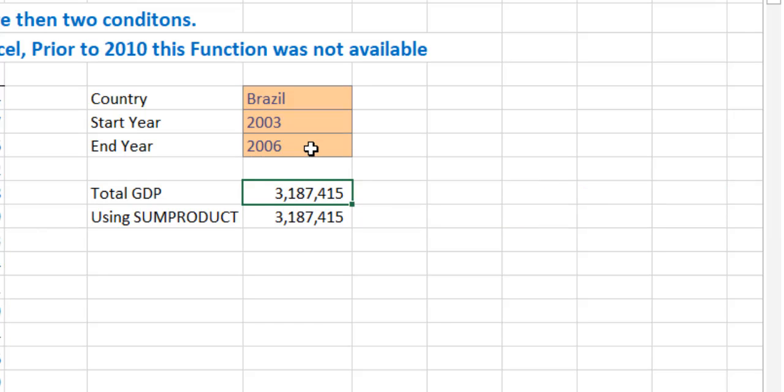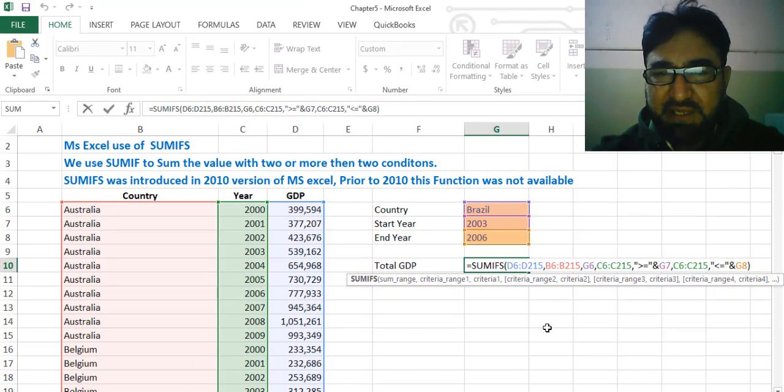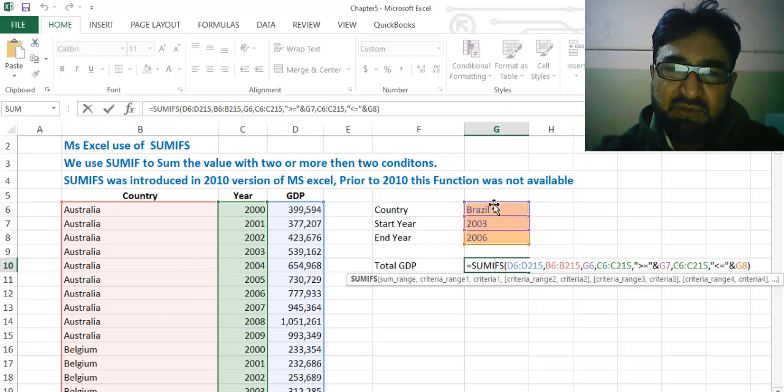So finally, we are telling Microsoft Excel in this formula: see in this range the country, find this country, then find this first year which is given here. This is the first range for the year, and this is the second range for the year, and then give us the total of the GDP.